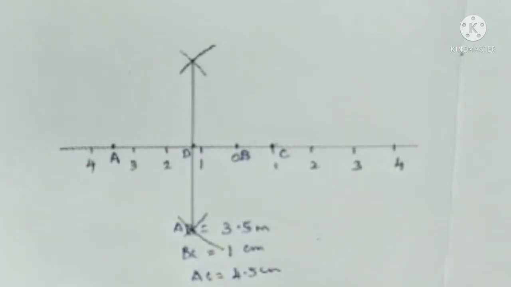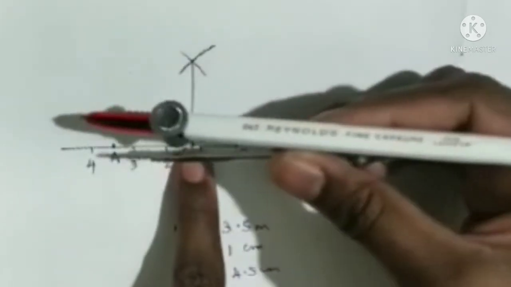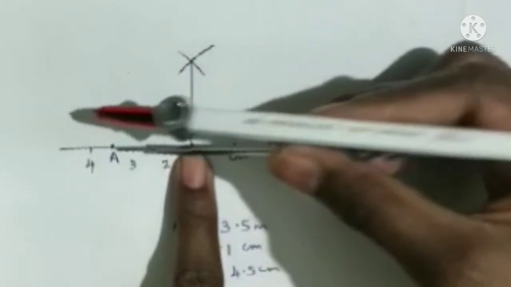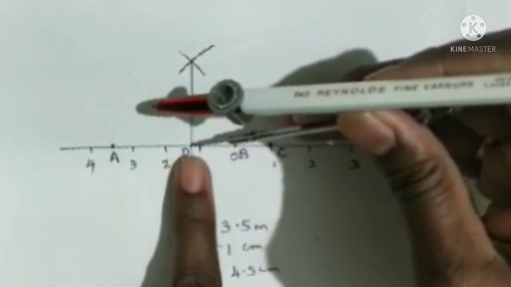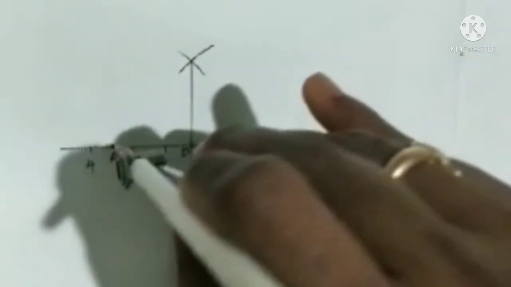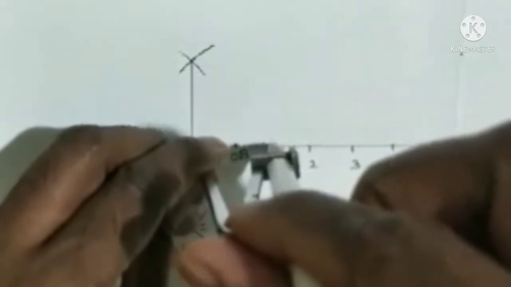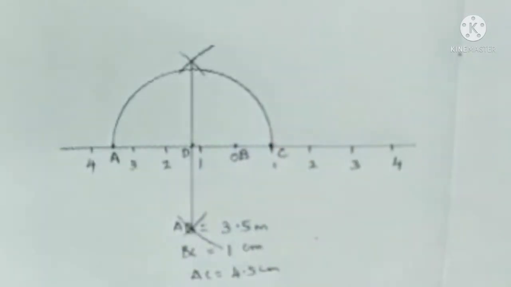Now we can measure AD or DC. D is the midpoint of A and C. Any one is equal, so D to A or D to C, any one you can measure and draw the semicircle.